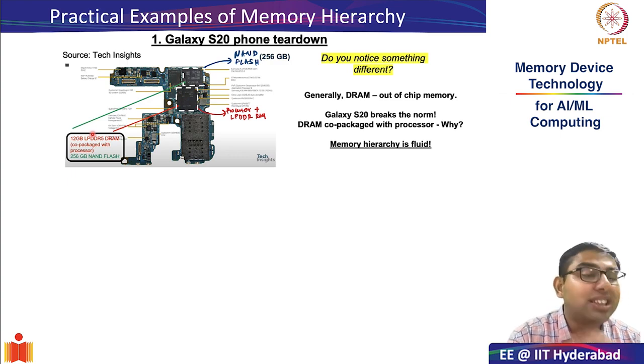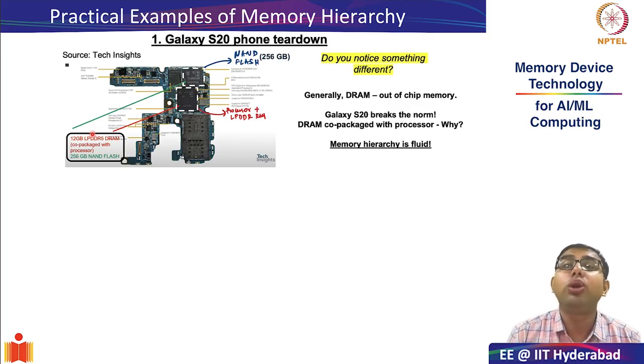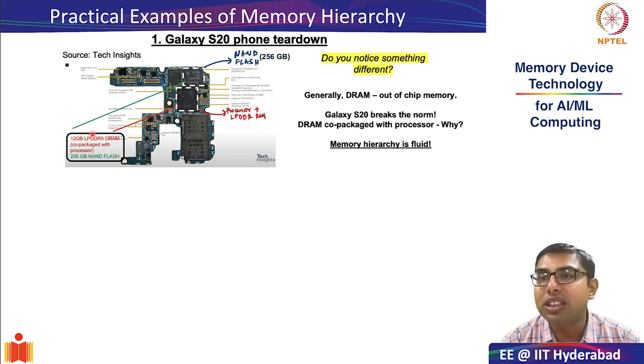And because of advances in heterogeneous integration, you are able to include DRAM into the same die as your CPU. And what is the advantage that you get? That is in latency, in performance.